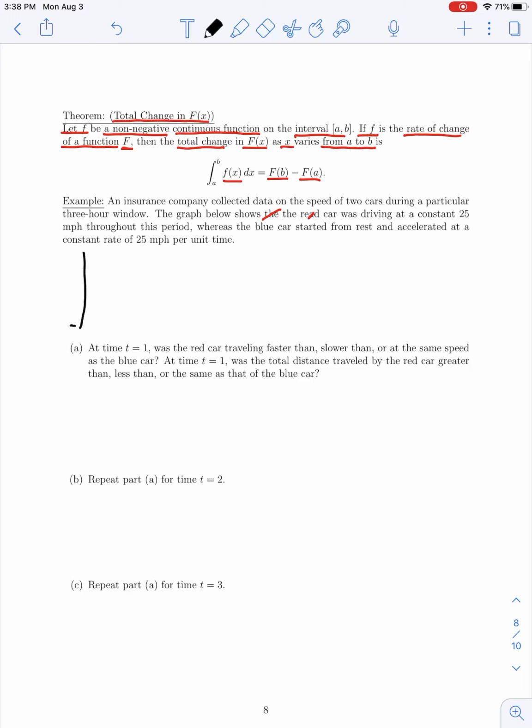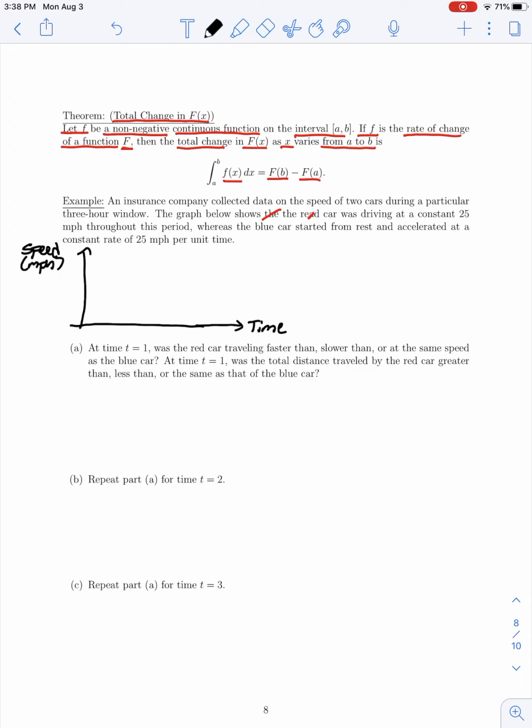So here we have the speed of two cars being monitored over time. Here our x-axis or horizontal axis will be time. We weren't given a specific measurement here. And then our vertical axis is velocity, or maybe just speed measured in miles per hour.